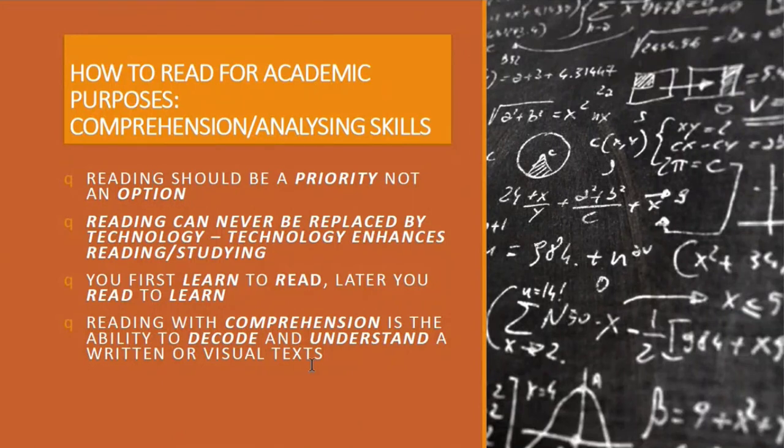So when you read a comprehension or a text, because when you see the term comprehension, you are given a text. It can be a paragraph, it can be your assignment question. The purpose is that you must be able to decode and understand what has been written there, or what you are visualizing.